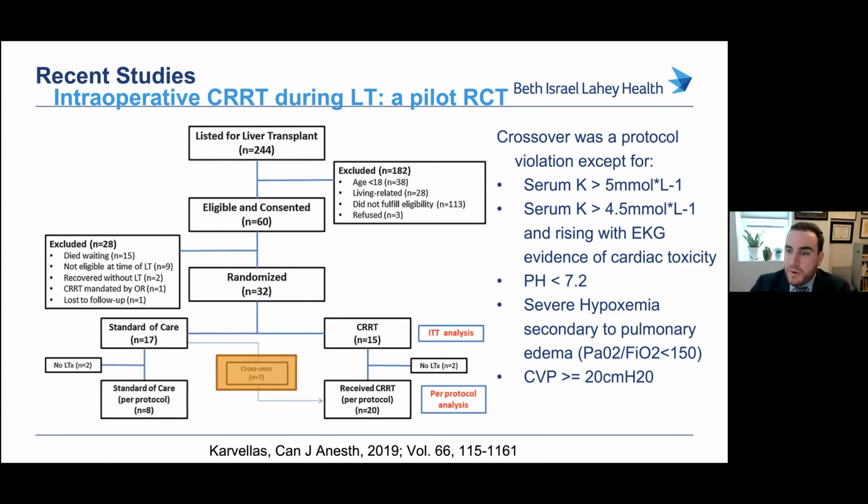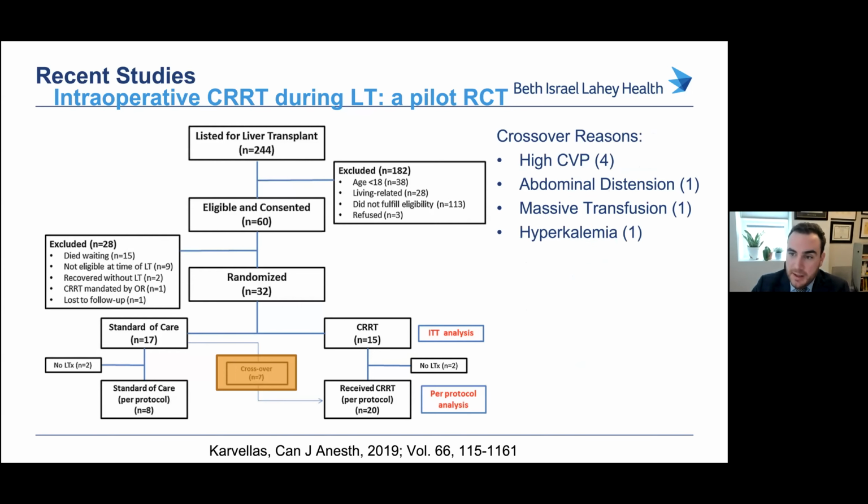They said crossover was a protocol violation except for a high serum potassium, a rapidly rising serum potassium with EKG evidence of cardiac dysfunction, low pH, severe hypoxemia, and very high CVP. The crossover reasons that they listed were high CVP, abdominal distension, massive transfusion, and hyperkalemia.